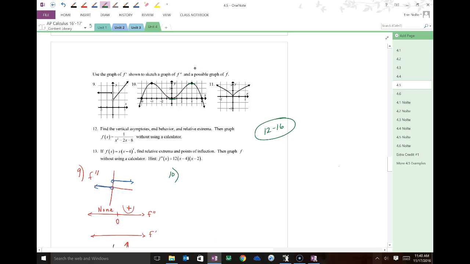So those slopes are 0. Let's do this. First derivative, second derivative. So we have -4, 0, 4.